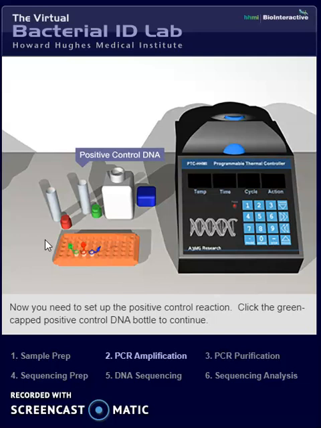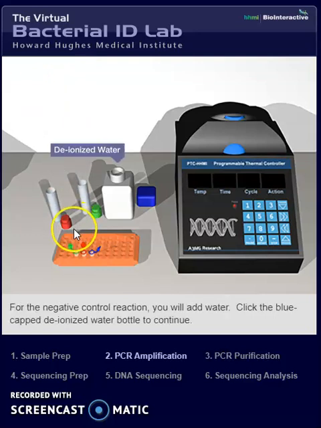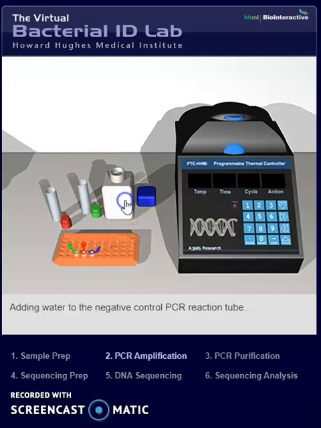After that, we need to set up the positive control reaction. Click this. Adding control DNA to the positive control PCR reaction tube. For the negative control reaction, we will add water.